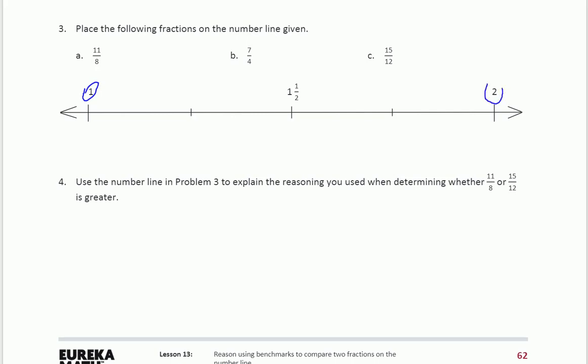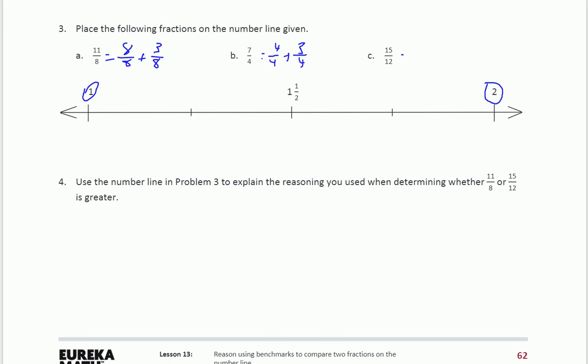So all these fractions are going to be mixed numbers. They're going to have a 1 whole plus a fractional part. If we look at 11/8, that's equal to 8/8 plus 3/8. And then for 7/4, we're looking at 4/4 plus 3/4. So that's going to be 1 3/4.